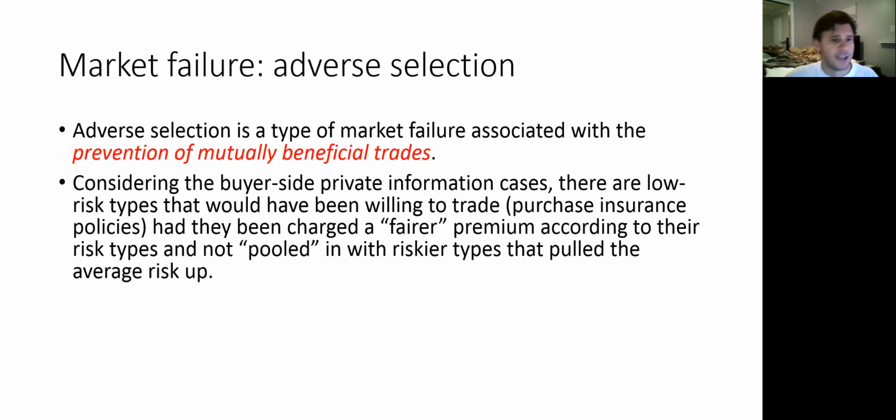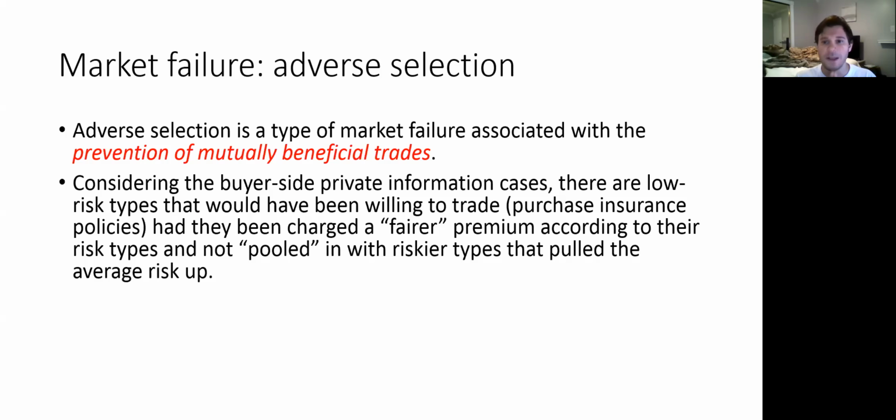But consider the case of buyer side private information, where there are low risk types that would have been willing to purchase insurance had they been charged a fairer premium according to their risk types, and not pooled in with the riskier types that pull that premium up. Those individuals leaving is what results from being pooled in and averaged with the higher types.